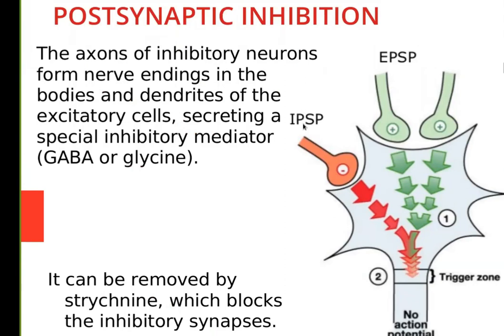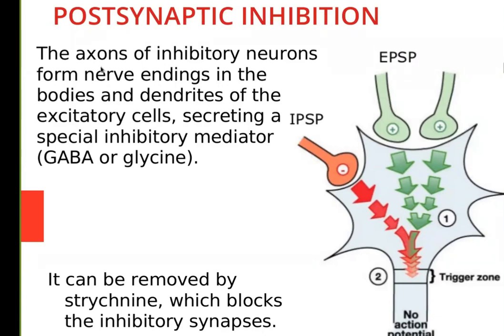I spoke about different mechanisms, and now we will see on this slide the mechanism of postsynaptic inhibition. It's primary inhibition. It means this type of inhibition requires specific inhibitory neurotransmitters. Usually, it's only one of the neurotransmitters, gamma-aminobutyric acid or glycine.